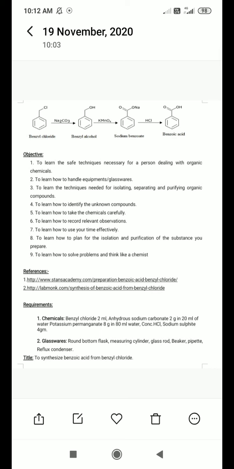Benzyl chloride, when reacting with sodium carbonate, will be converted into benzyl alcohol. Then again we treat it with KMnO4, potassium permanganate. All of you know the role of KMnO4: it acts as an oxidizing agent, meaning it carries out the oxidation of other compounds.